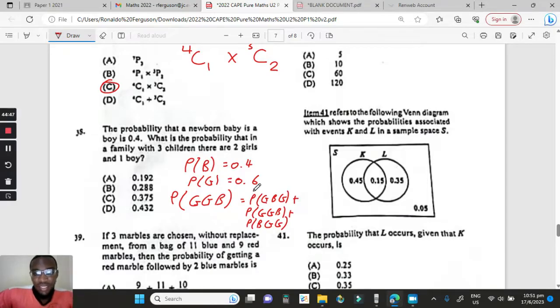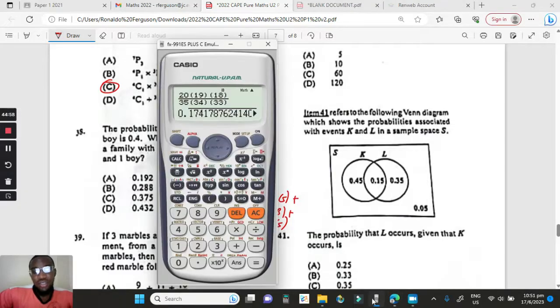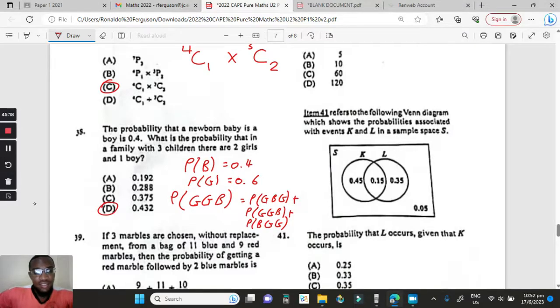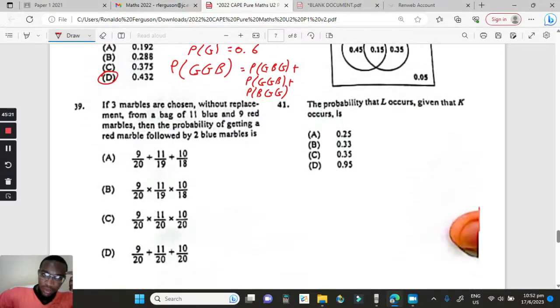So cover all bases, where the boy is in each position. So girl is 0.6 times boy is 0.4 times 0.6, then that result is multiplied by 3, which is 0.432. That's D.